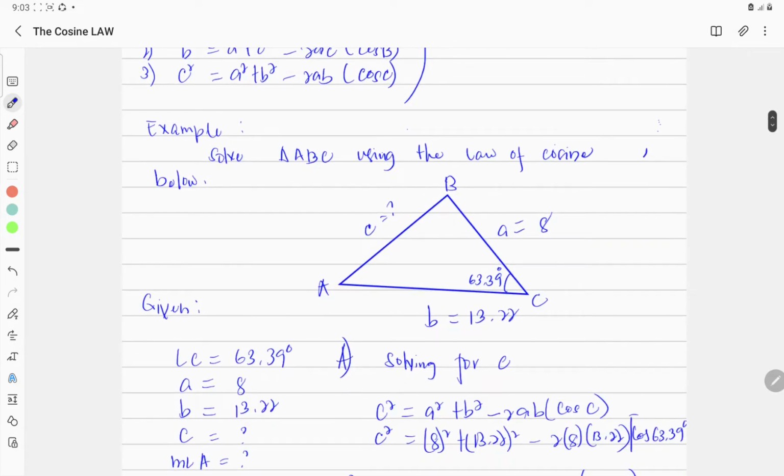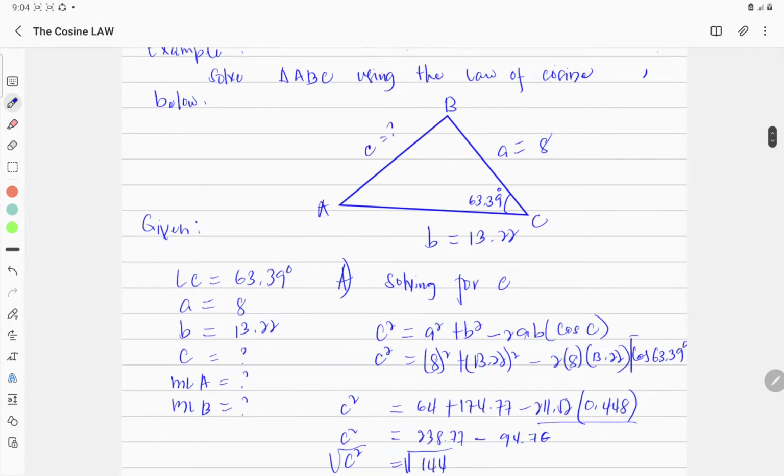We have triangle ABC with the following given: b is equal to 13.22, angle C is 63.39, and side a is 8. Of course, we first identify the given.